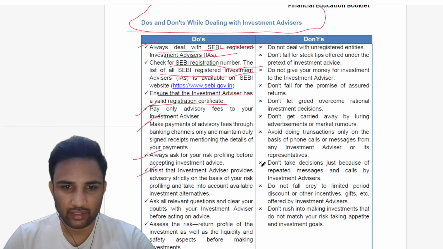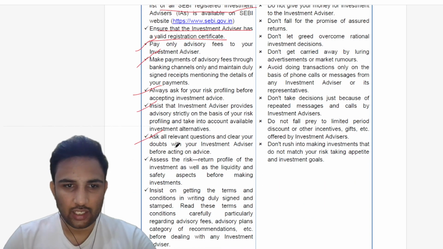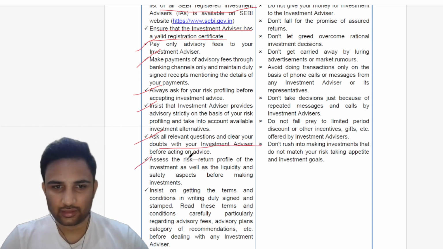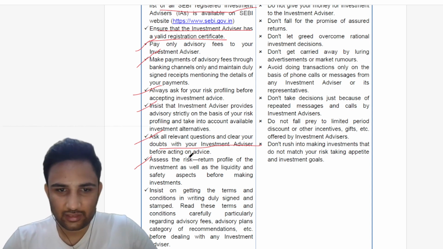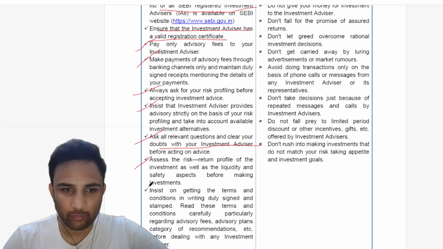Insist that the investment advisor provides advisory strictly on the basis of your risk profiling and takes into account available investment alternatives. Ask all relevant questions and clear your doubts with your investment advisor before acting on advice. Assess both the risk return profile of the investment as well as the liquidity and safety aspects before making investments.